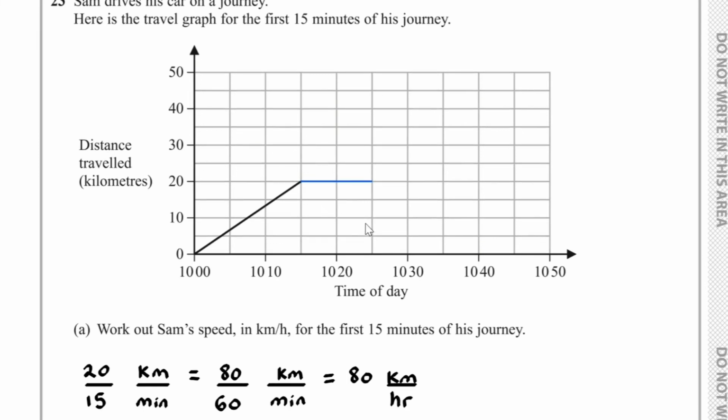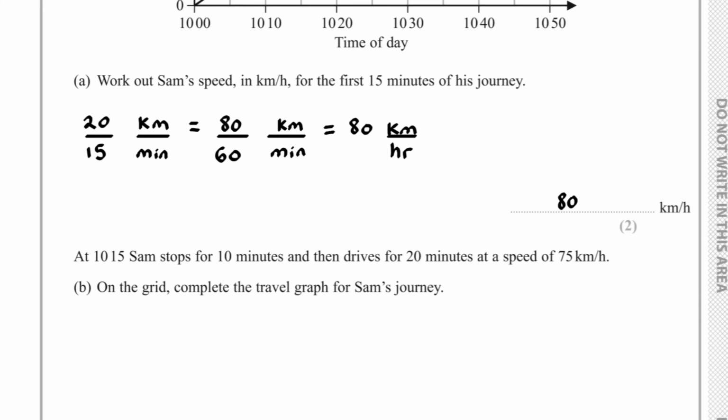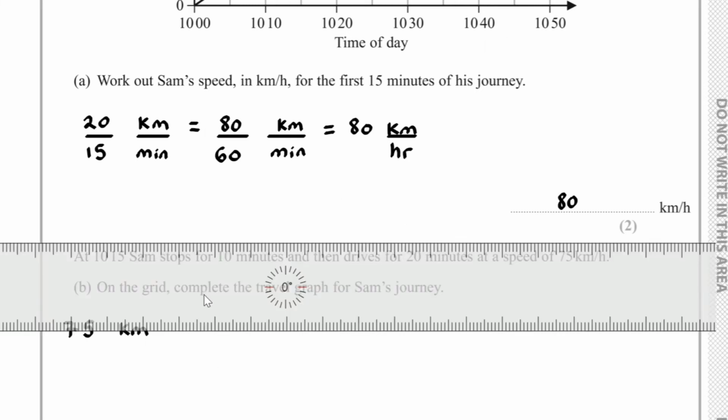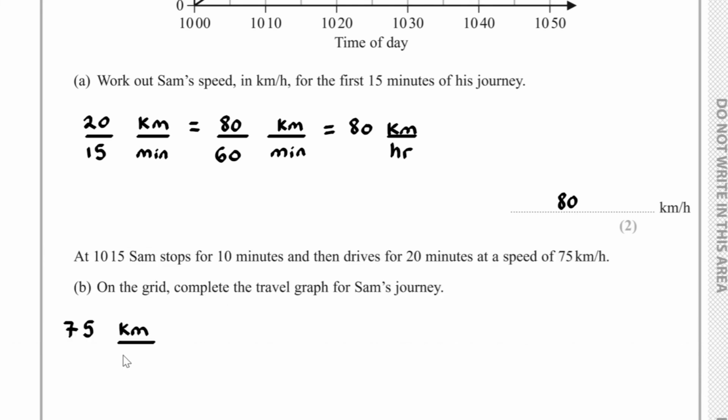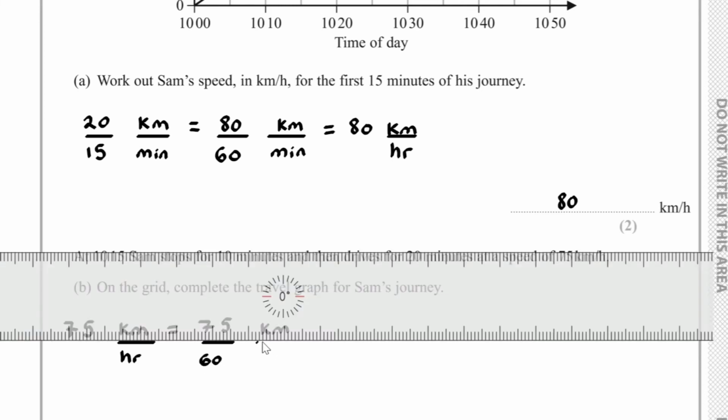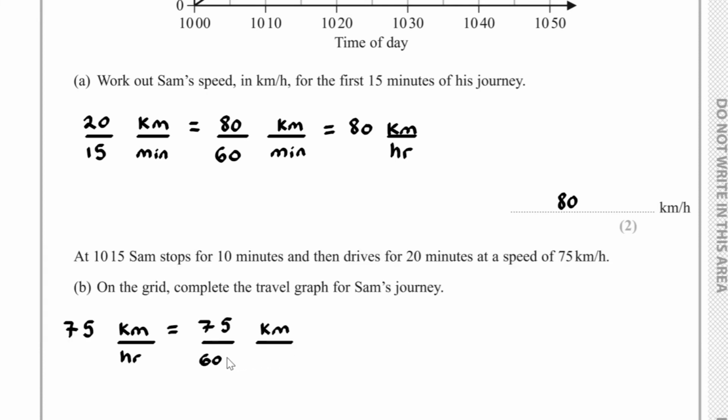And then what we need to do is find out the distance. So we know already he travels 75 kilometres per hour. And this is the same as 75 over 60 kilometres per 60 minutes. Now, we need to find out how far he travels in 20 minutes.